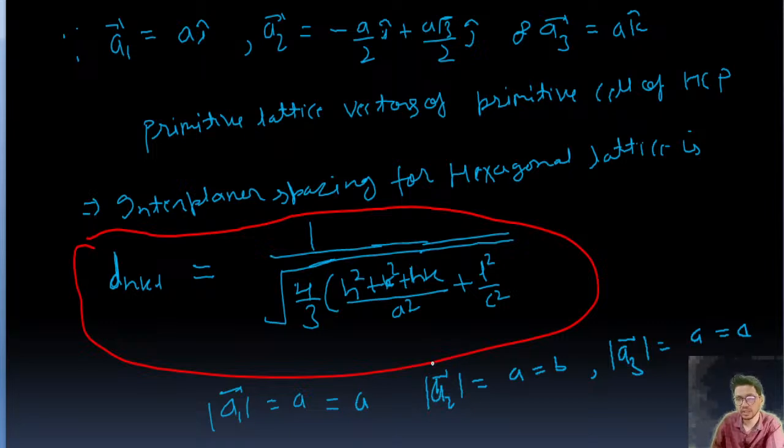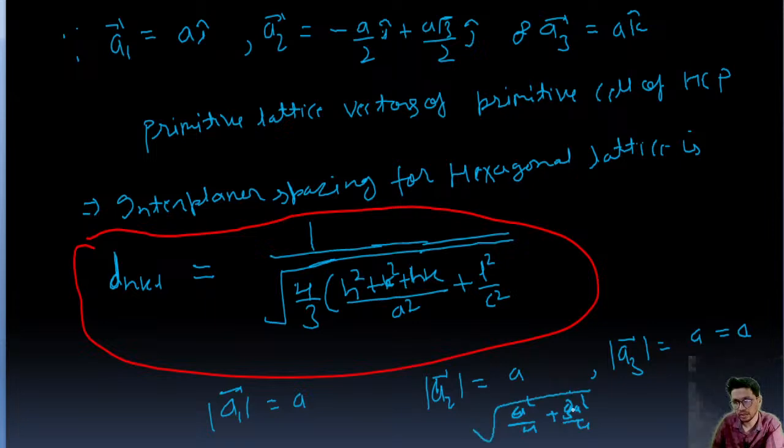So a1 equals a, a2 equals a, and a3 equals a as well. Very simple. How have we done the mod? I'll show you: this is a square upon 4 plus 3a square upon 4.